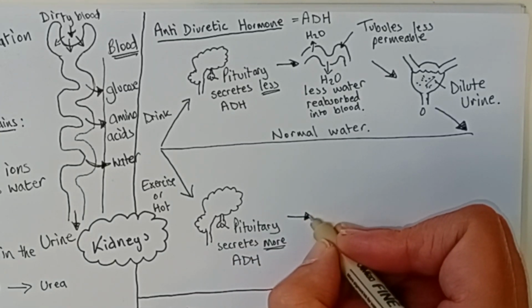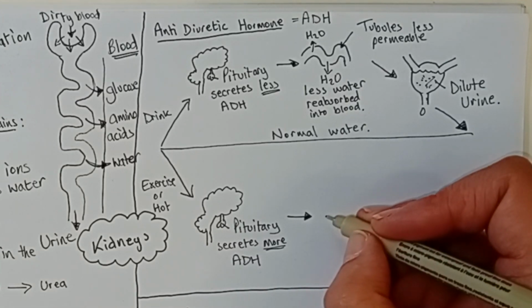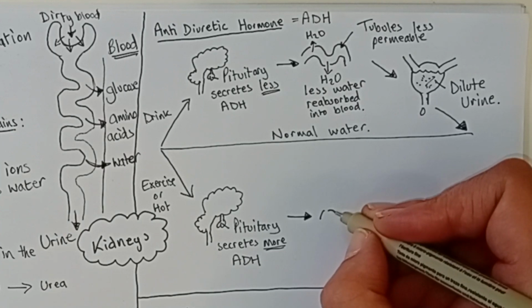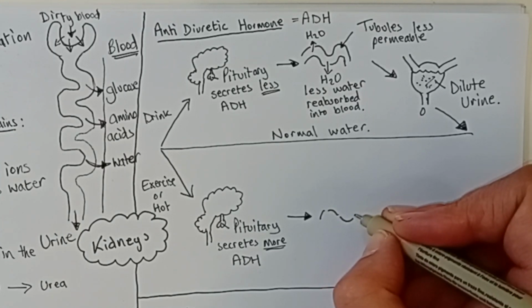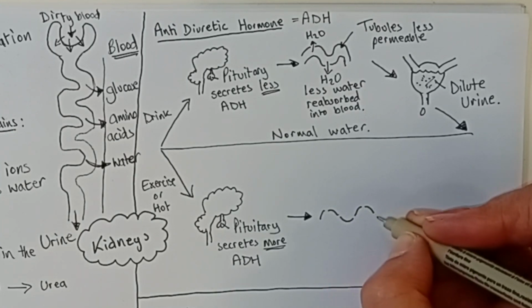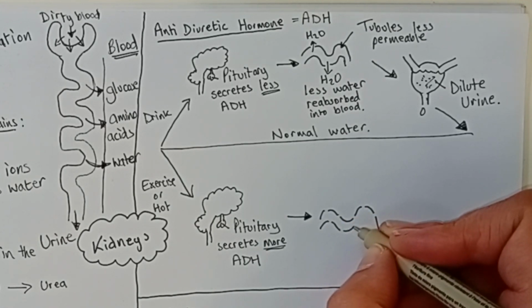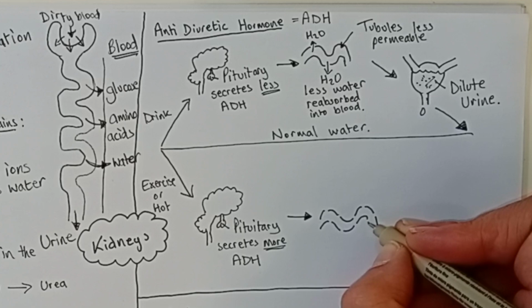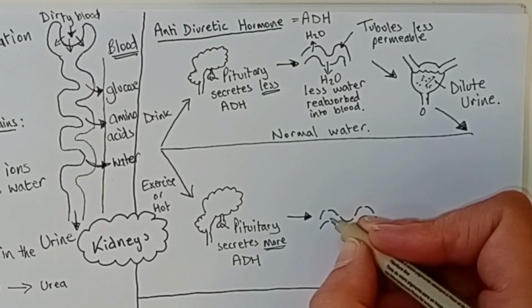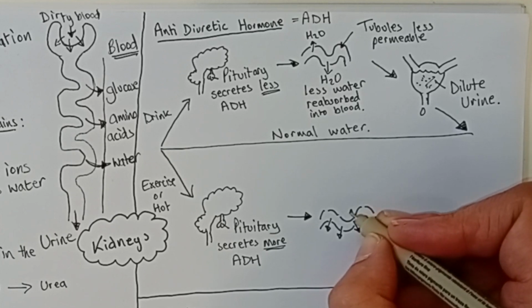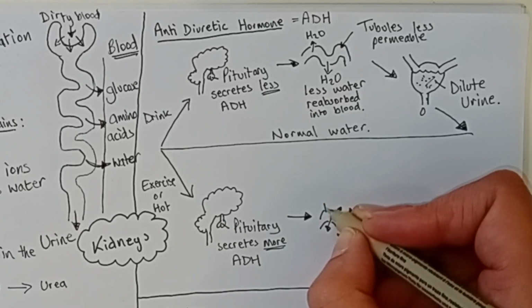Let's think about this. Let's draw our tubule again. So if there's more ADH, it means there's more pores in the tubule, which means more water is going to move out of your tubule, and therefore go back into the blood. So lots of places the water can move out.